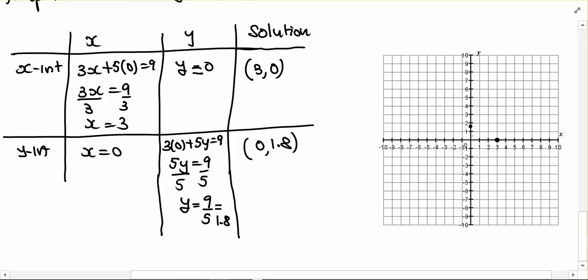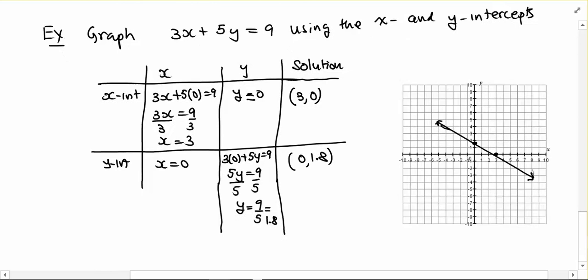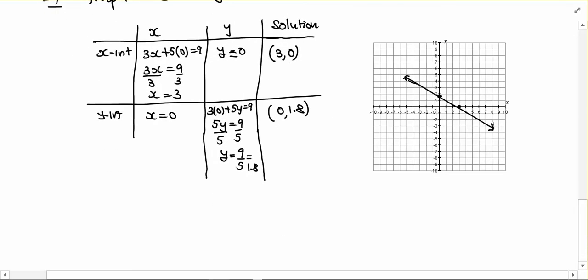And so I will use those two as my points to draw my graph. If you're using MyMathLab, of course, this is much more accurate. Once you put the dots down, it draws the straight line for you. That's super nice, but I don't have that feature here. So there is your picture.